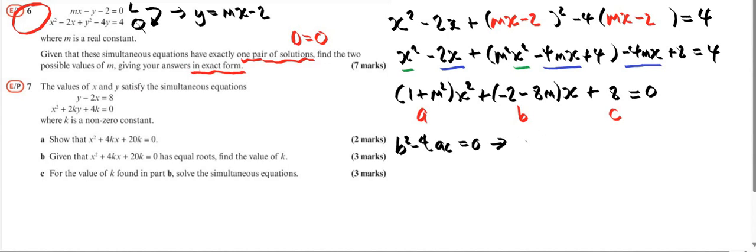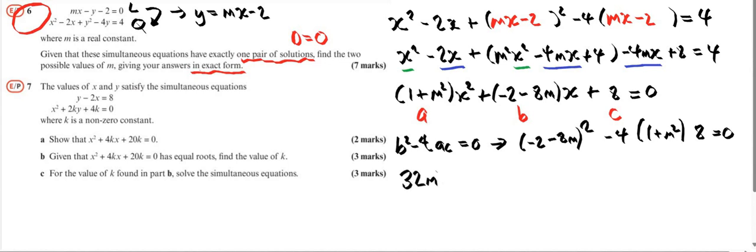So b squared is minus 2 minus 8m, squared, minus 4 times 1 plus m squared times c, which is 8, equals 0. Okay, so I expand all of that, I will get 32m squared plus 32m minus 28 equals 0.